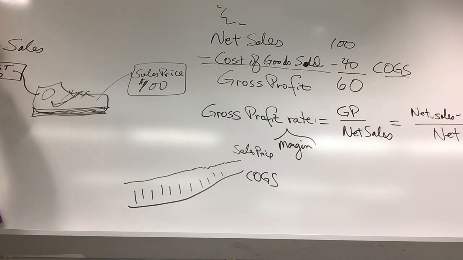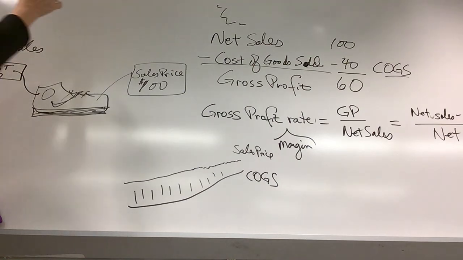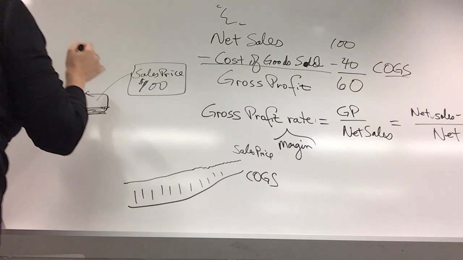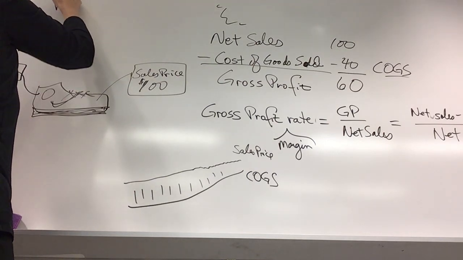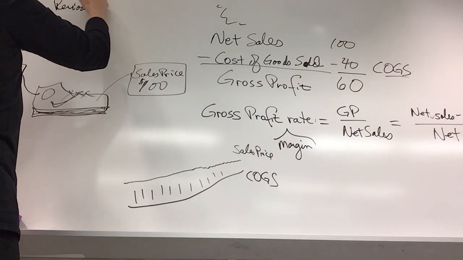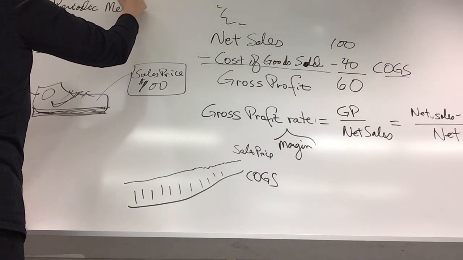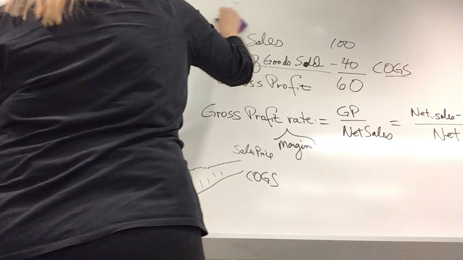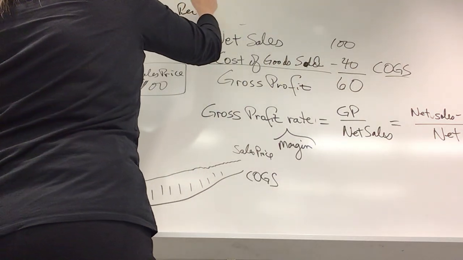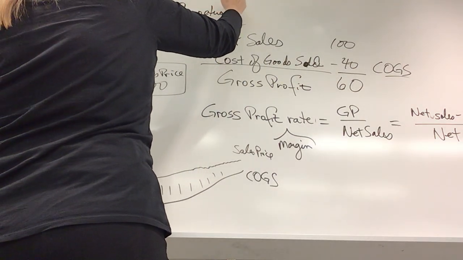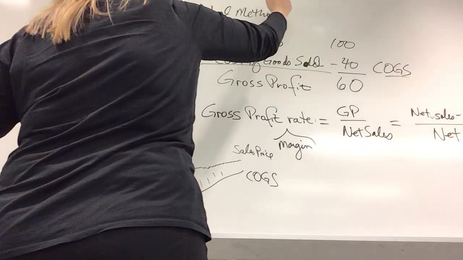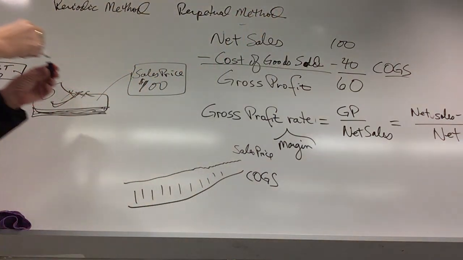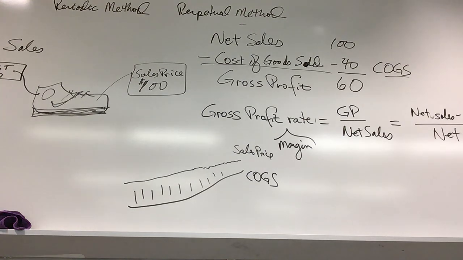One is called the periodic method, and one is called the perpetual method. The difference between these two is how often we update our inventory records.